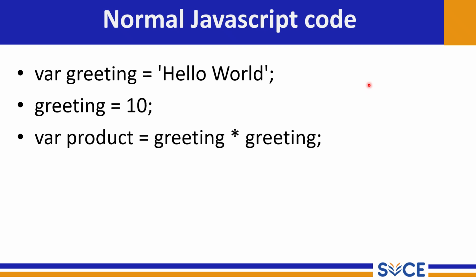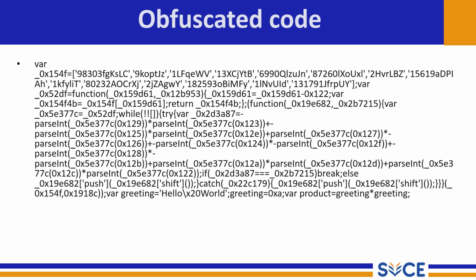This is simple JavaScript code that any developer or user can understand. But in the obfuscated code, they have given some X variable parsing, where no one can understand it. So this is an example of obfuscated code.